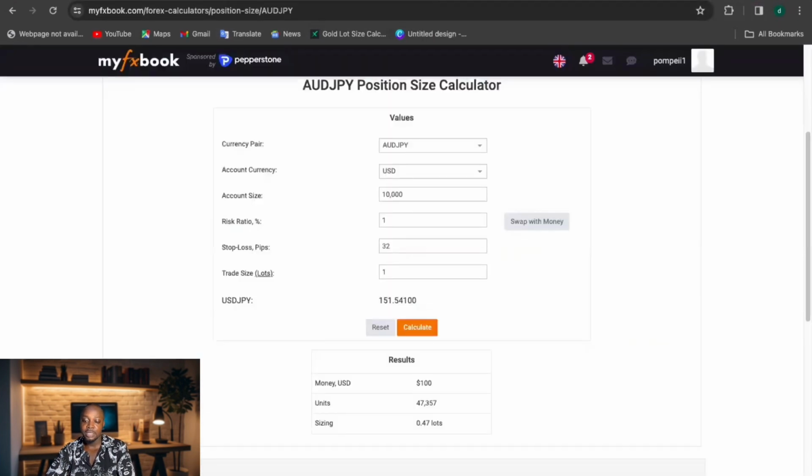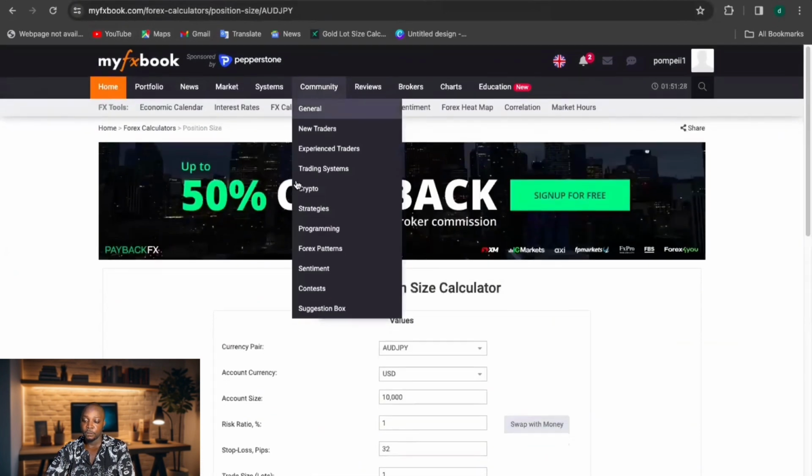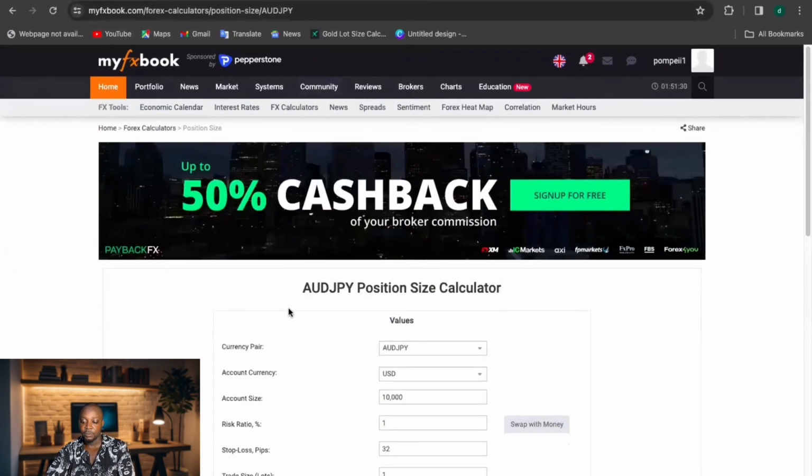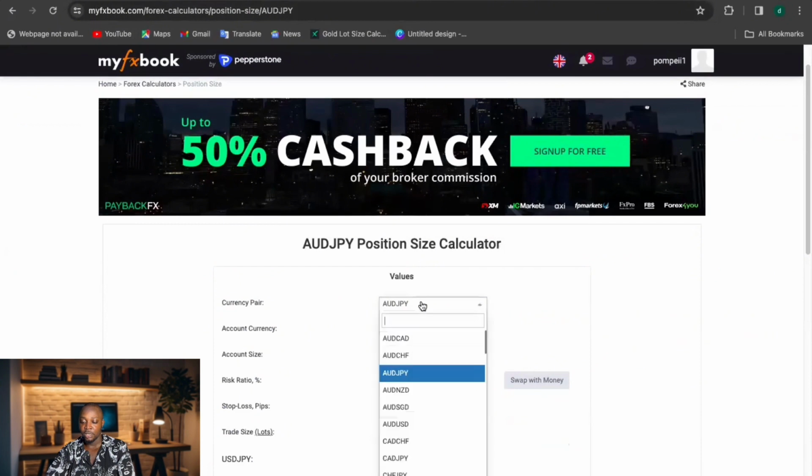For the Forex position size calculator, I use myfxbook.com/calculator. You can just go to www.myfxbook.com, and under that you'll find the position size calculator. You click that. Pair is GBP USD. I change this from here to GBP JPY. Sorry.